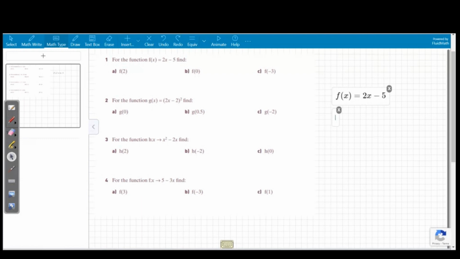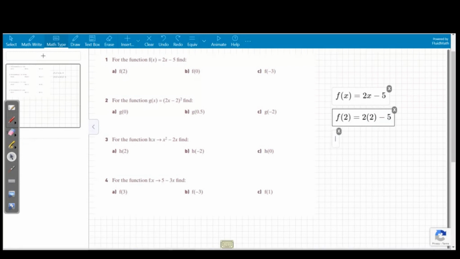So we are going to find f of 2, which will give us, wherever we see x, we substitute it or replace it with 2. So this is going to be 2 times 2 minus 5.